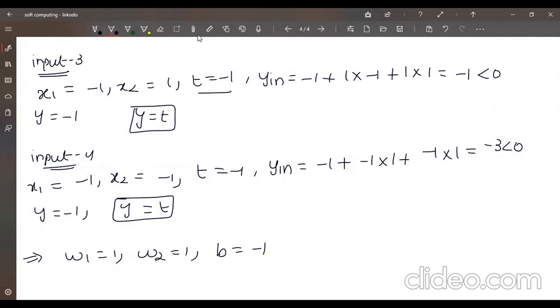As said before, if it is not possible for you to complete the network even after the completion of epoch 3, then you better stop the network because it consumes time to calculate manually. So this is how the perceptron network is performed. Thank you.